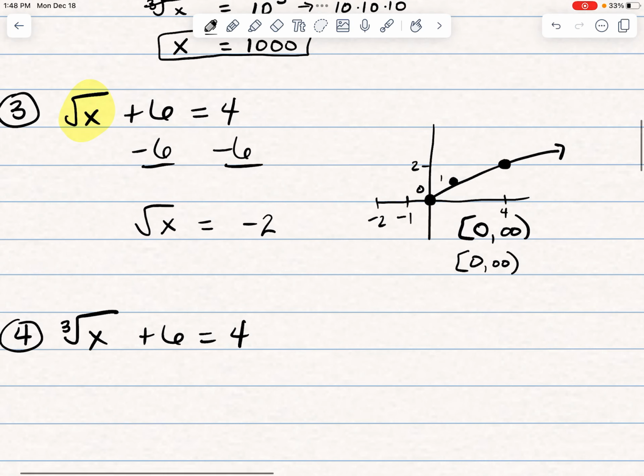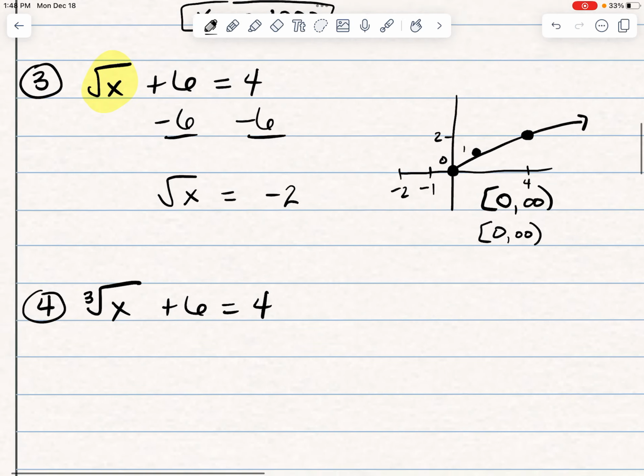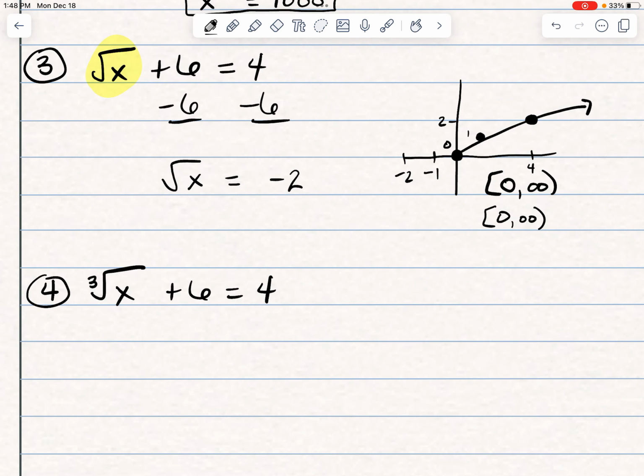So that is a y value of 2 here. All right. So since my domain and my range are both in the positive, we cannot have the square root of x equal to -2. And so because of this, there is no solution for this.